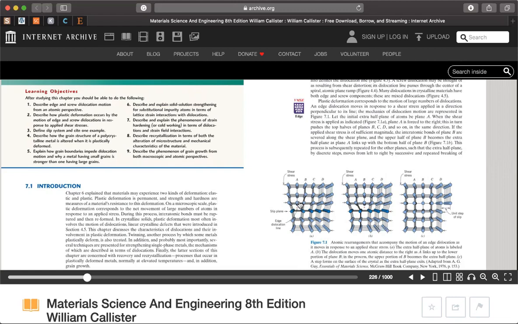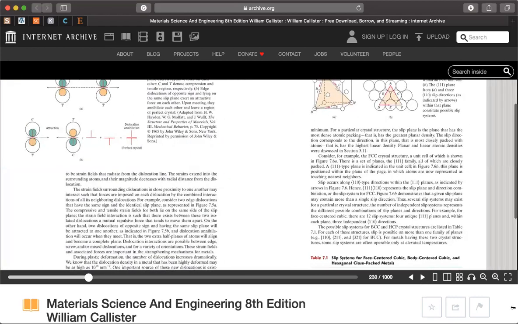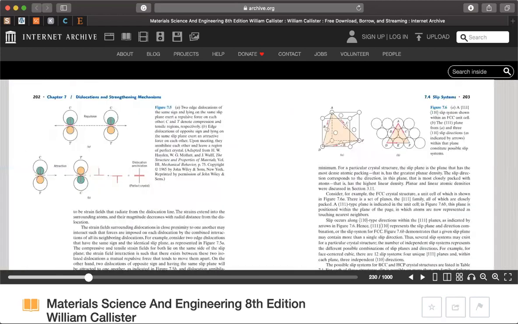So the close-packed planes and close-packed directions, because that would result in less lattice distortion in the material, okay? And in the next lecture, we will try to get deeper into this.